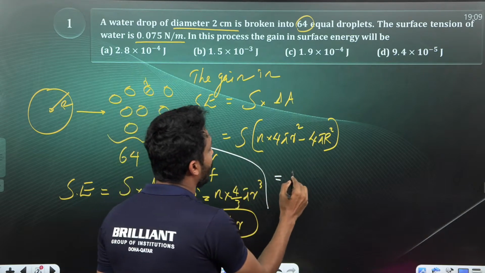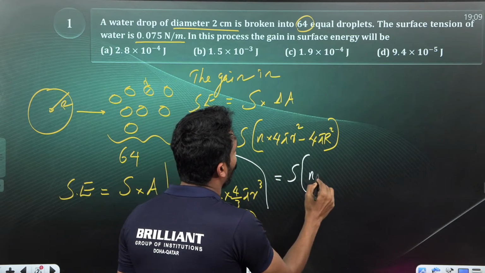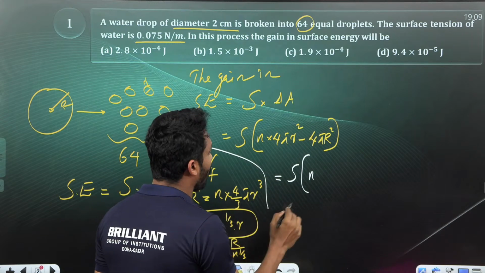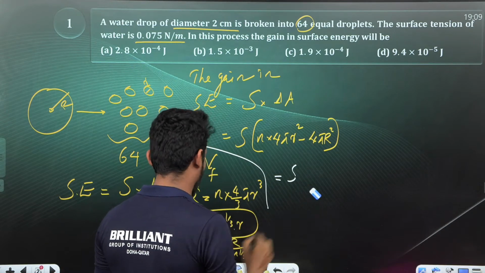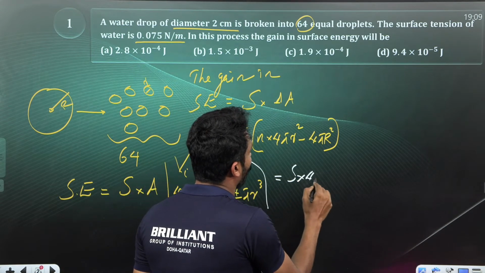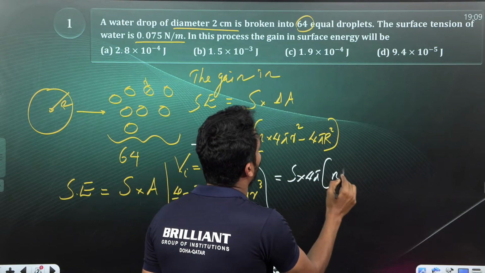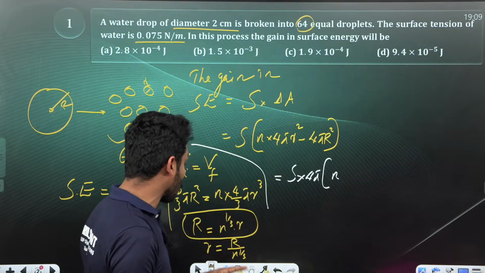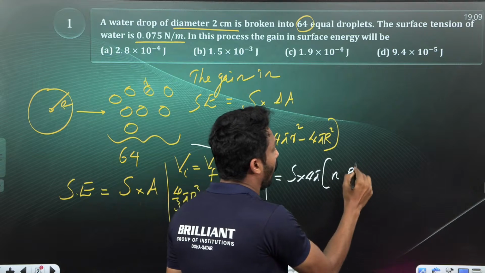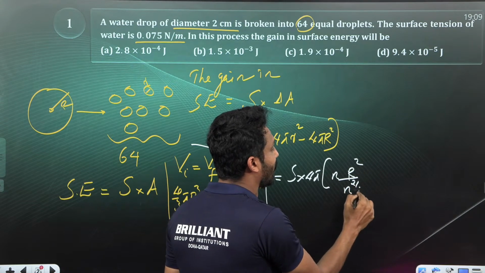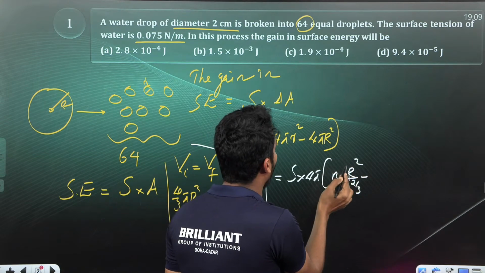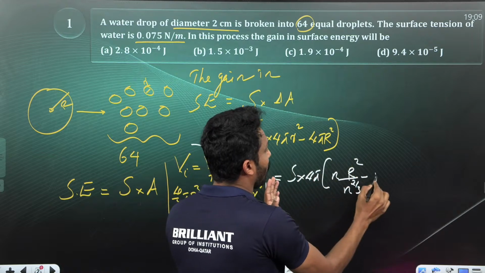If we proceed, S into 4 pi is taken outside. S into 4 pi into n into small r square, and small r square is R square by n raised to 2 by 3, minus 4 pi R square.